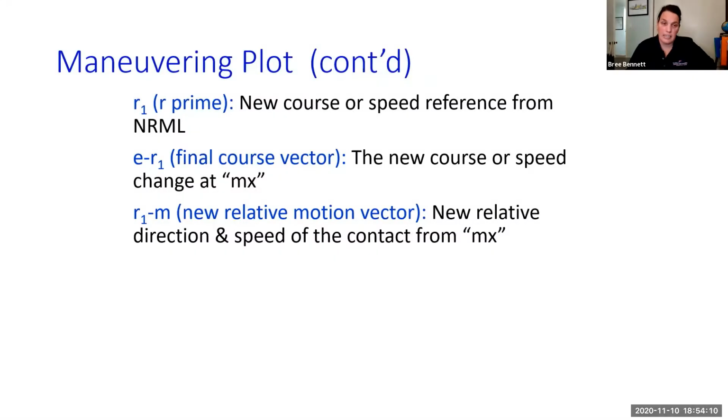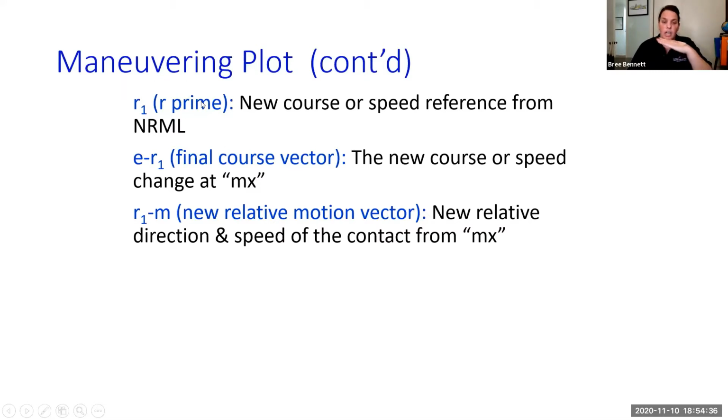We're going to get to an example, so hopefully it'll make more sense. So R prime, or whatever the new R is, if you're changing course, you're changing speed, you can do RC or RS, as long as you know what it is. I'm fine with however you want to label it. It is going to be your new course or your new speed.